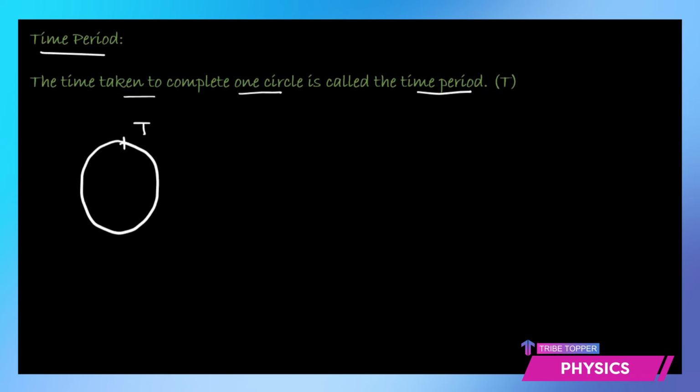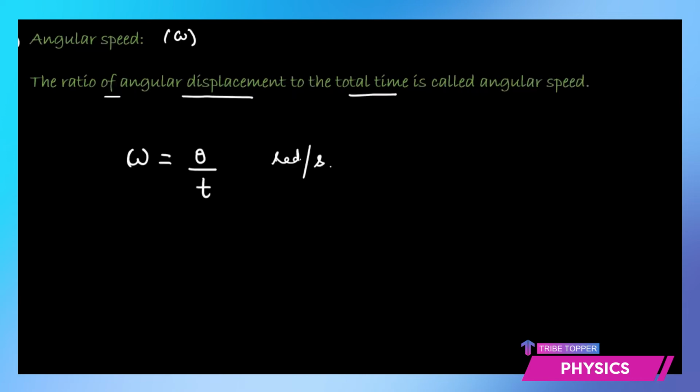Now, I just told you that angular speed is theta by t. If your t is not any time but is equal to the time period capital T, then what should be the angle traced out? Obviously, it would be 2 pi, because the time period is the time in which your full circle is traced out, and the angle in a complete circle is 2 pi.